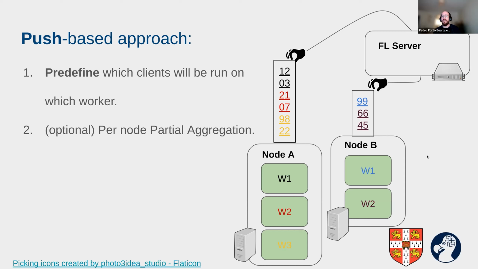In addition, it allows the nodes to perform a kind of partial aggregation, meaning that if your aggregation strategy, like federated averaging, has the associative property, then you can pre-aggregate the partial results from your workers before you send them back to the server. So this is the approach that we take in our paper.